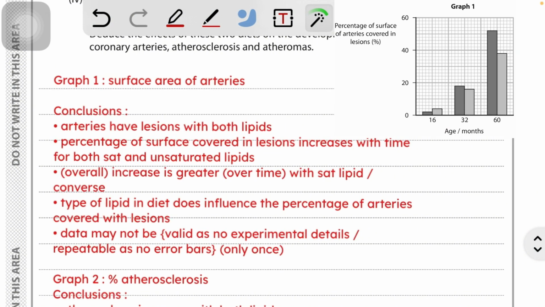Graph 1, surface area of arteries. Conclusion: arteries have lesions with both lipids. Percentage of surface covered in lesions increases with time for both saturated and unsaturated lipids. Overall increase is greater over time with saturated lipid.